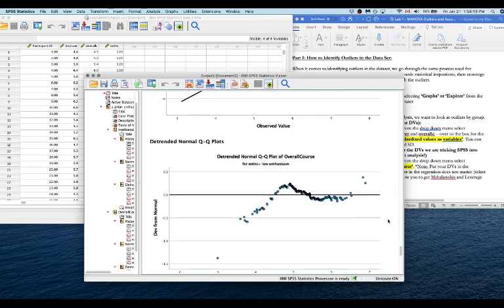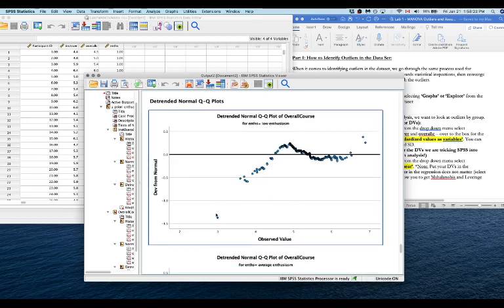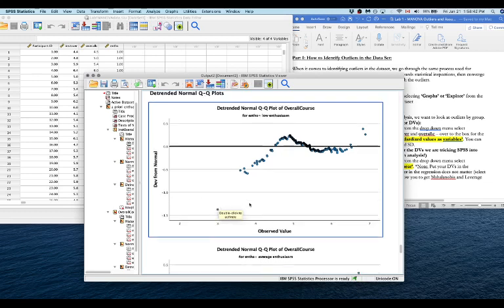Again, I like looking at the detrended plot. Here we see this one that's quite far away. If we look at what the values are here, this is between -1 and 1.5. I don't really have values to tell you for this, but over 1 is definitely a lot.